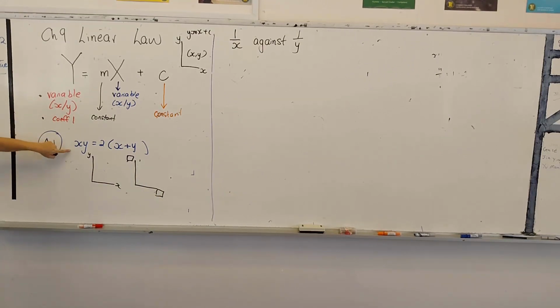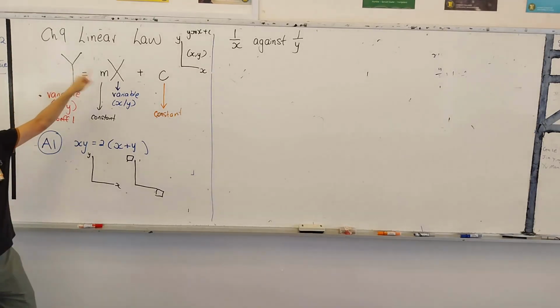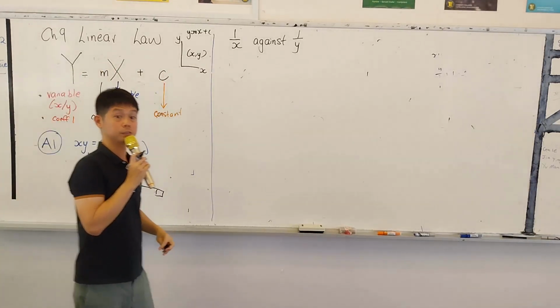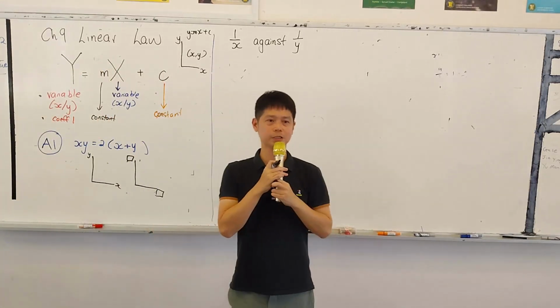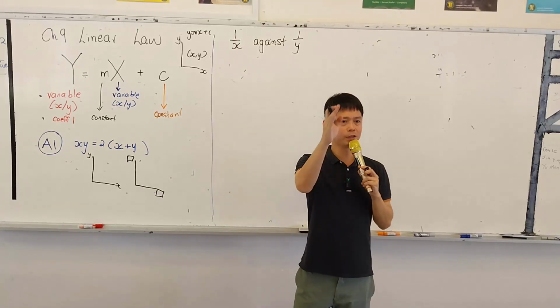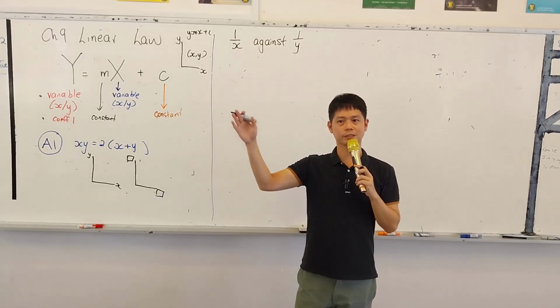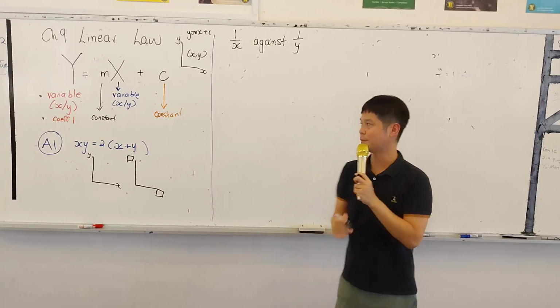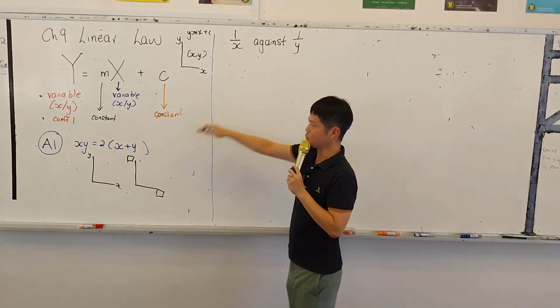So I'm going to manipulate this algebraically such that it will be in the form whereby it's a variable equals constant times variable plus constant. Okay, so it's very simple only. Just remember like that: variable equals constant times variable plus constant, which is your normal y equals mx plus c.